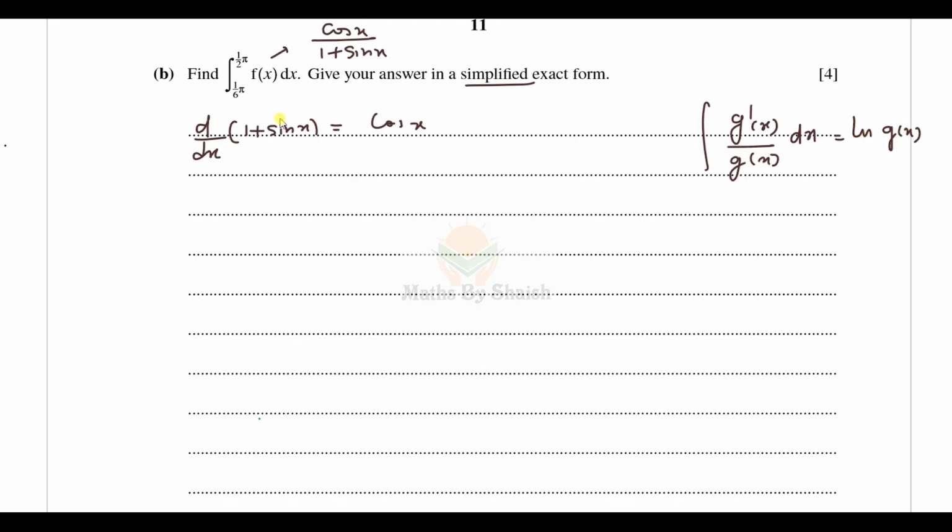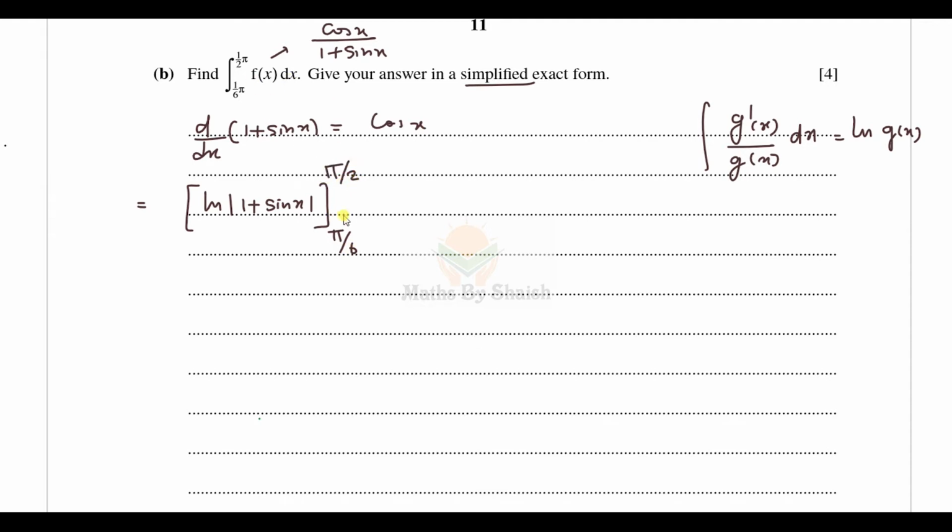We'll use this, and we can write it as ln modulus 1 plus sin x, and we can remove the modulus because we know that it is never going to be less than 0. This is equal to, from pi by 6 to pi by 2.